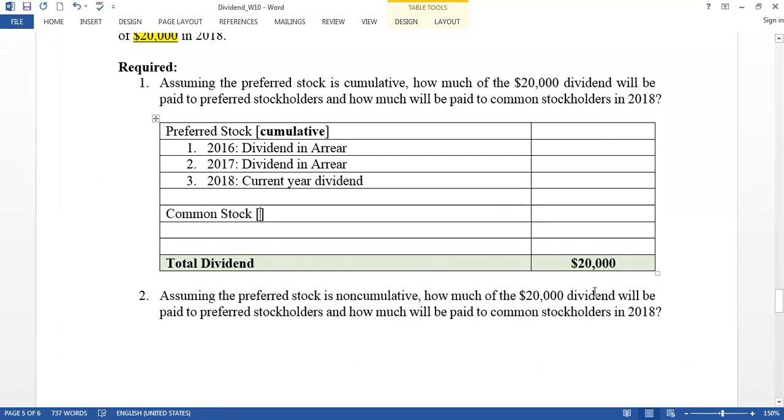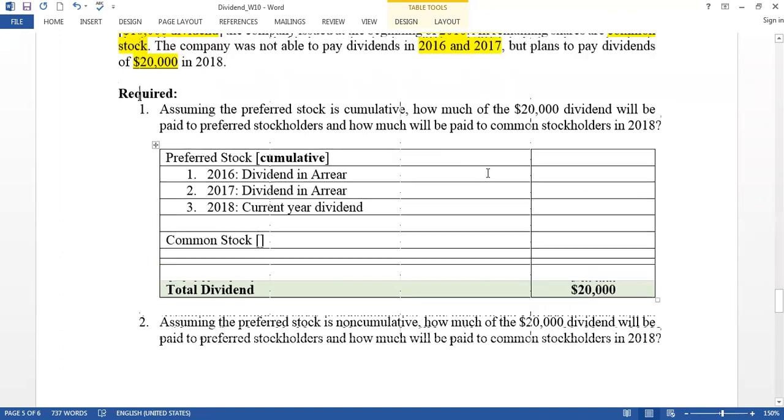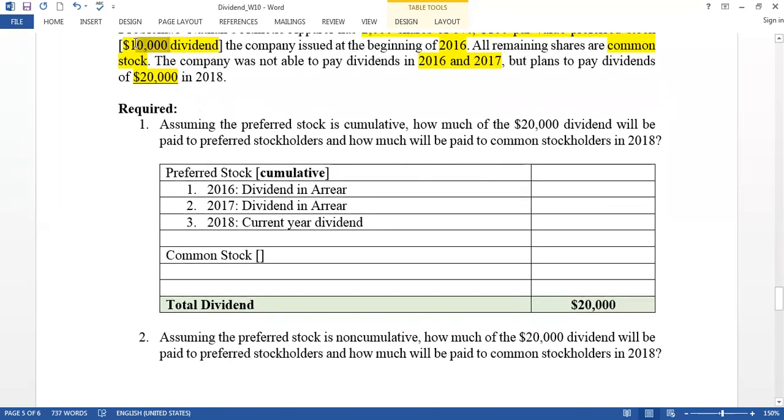Total is 20,000. You cannot pay more than 20,000. So if this is the case, what is the amount of dividend?